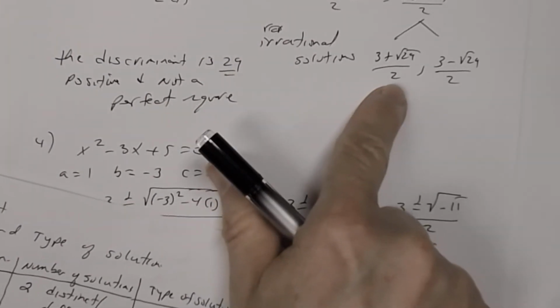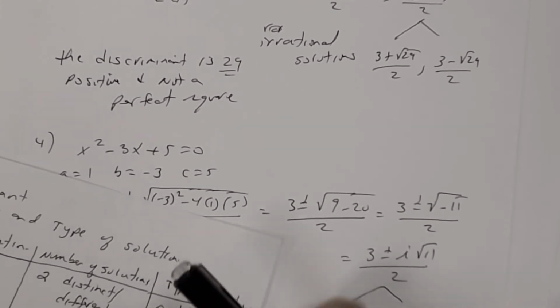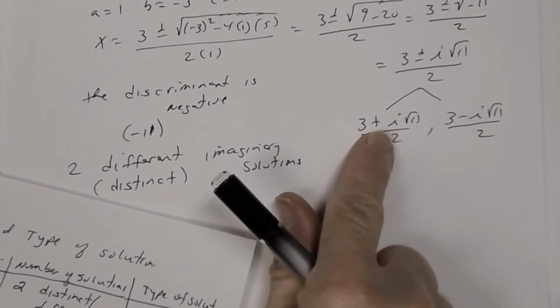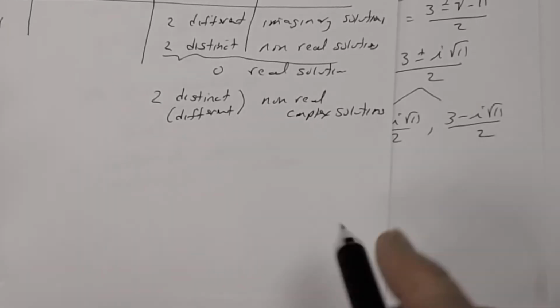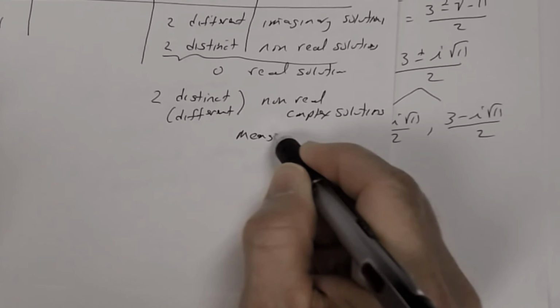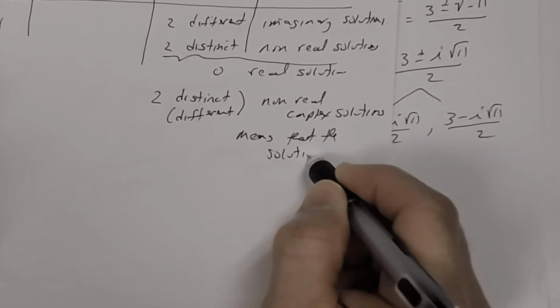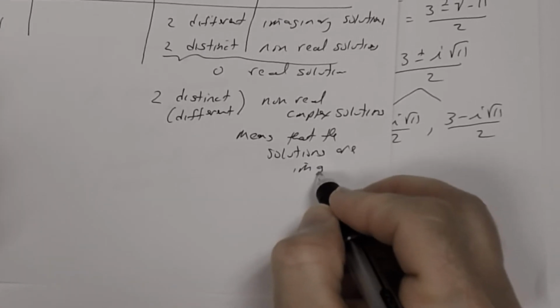All right, so this is a complex number. All these are complex numbers, but that's a real complex number. This is a non-real complex number. So you may see this. All right. So non-real complex number just means that the solutions are imaginary. That's all that means.